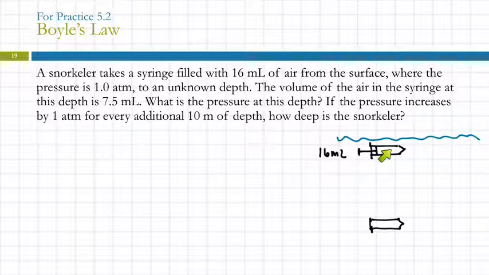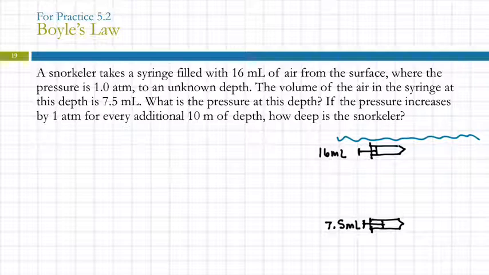So here the pressure inside is equal to the pressure outside, 1 atmosphere. When we go down here, the pressure increases. That's putting pressure on the plunger. So it's like you putting your thumb on it and pushing it in, right? So this gets pushed in. The volume down here is 7.5 milliliters.